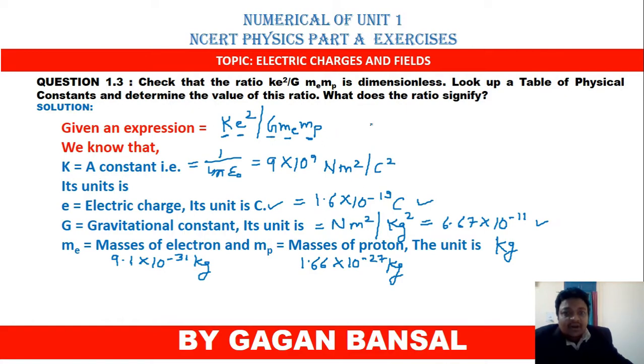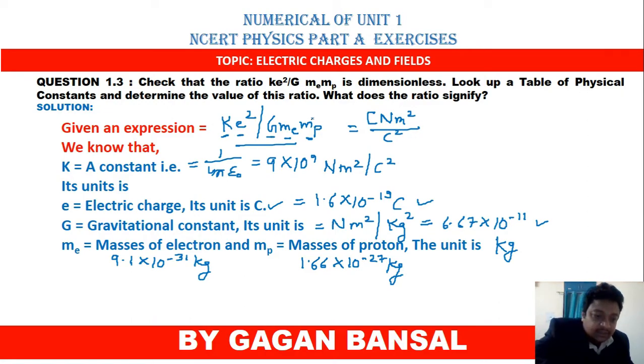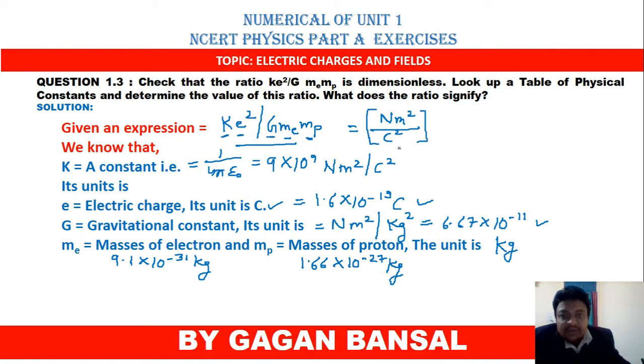So now putting all these dimensions in this particular formula, that is K E square upon G Me Mp. So the unit of K is Newton meter square per coulomb square.